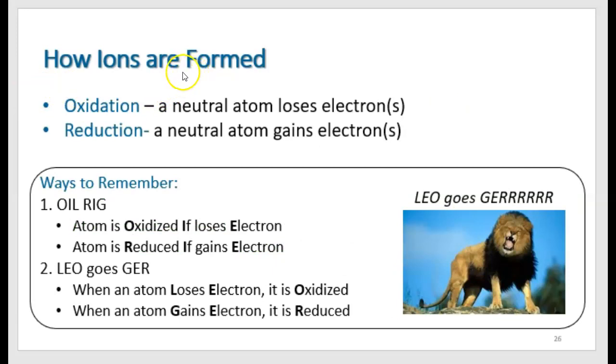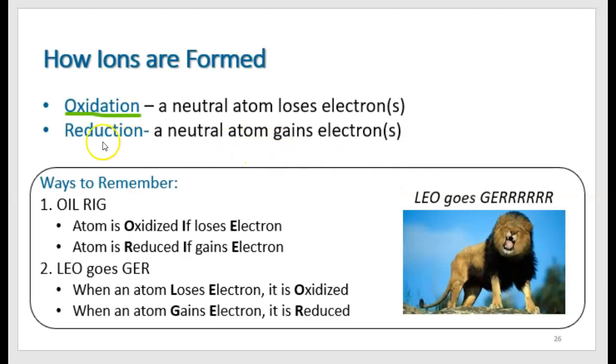So how are these ions formed? Well, an atom is going to have to gain or lose an electron because we start with a neutral atom with equal numbers of protons and electrons, then the electrons either leave or maybe the atom gains some electrons. When an atom loses electrons, we call that oxidation.